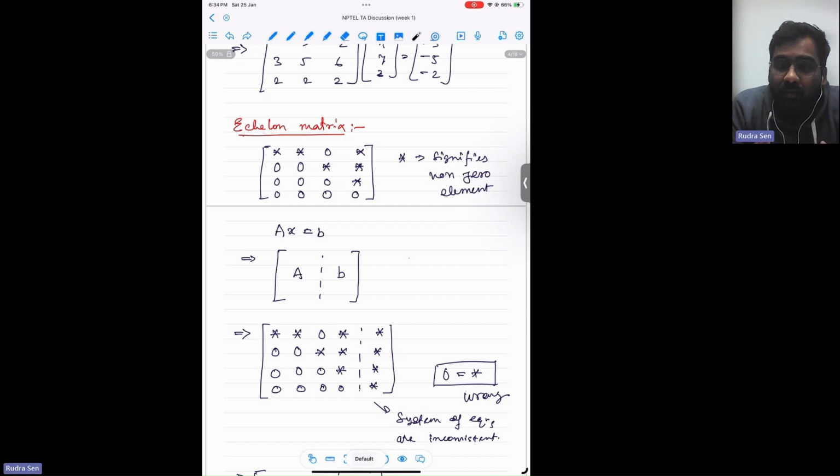You will see the condition of many solutions, no solution, or a unique solution when you get to know more things. So let me keep those things to that level.